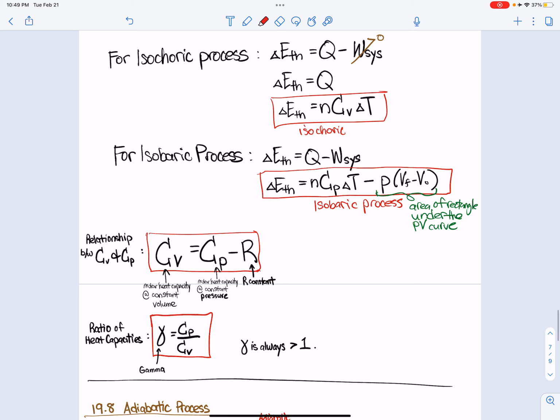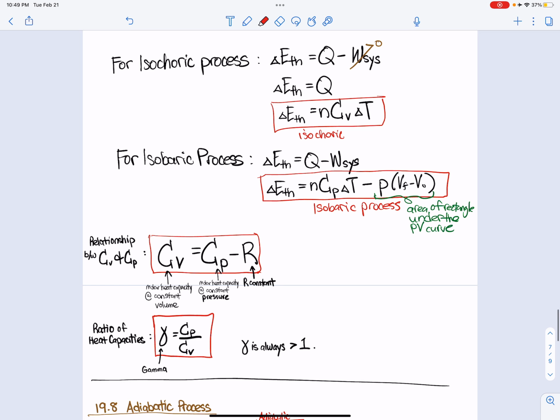Another important equation to know, which is why it has this red box around it, is a relationship between the molar heat capacity at constant volume and at constant pressure.